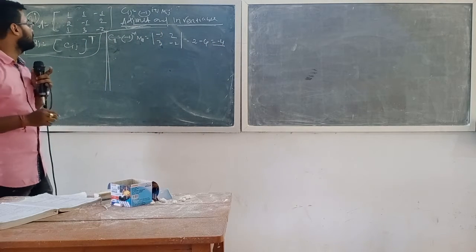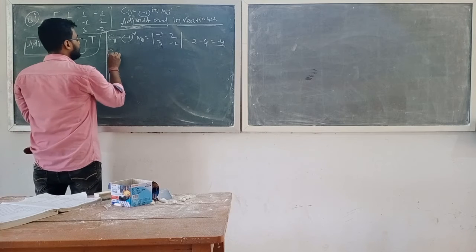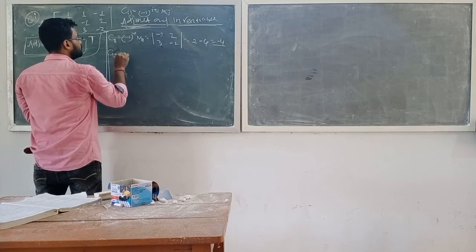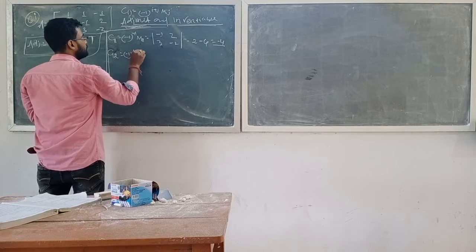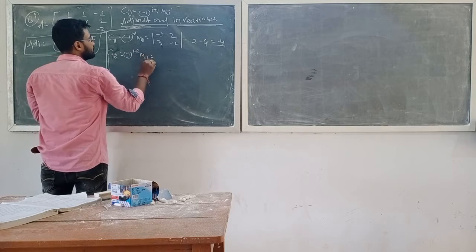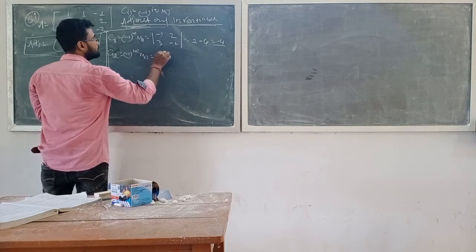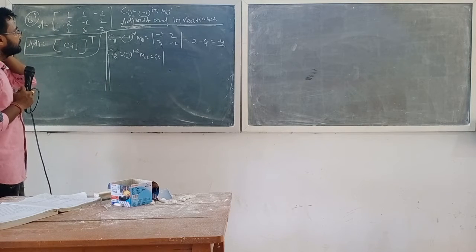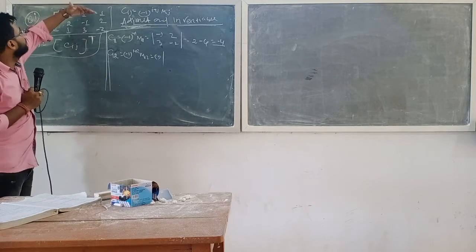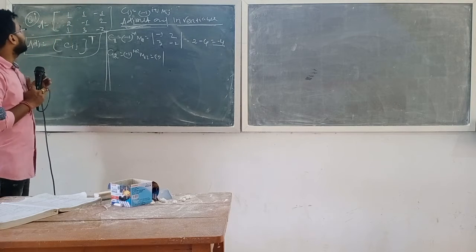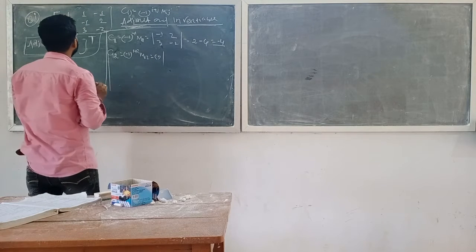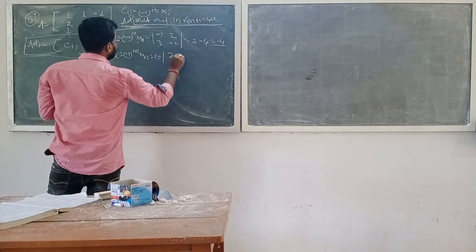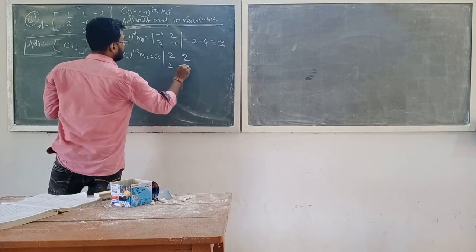Similarly, you find M12. C12 is minus 1 to the power 1 plus 2 into M12, so minus 1 into M12. M12 means deleting the first row and second column; the remaining elements are 2 2 1 2 2 1 minus 2.